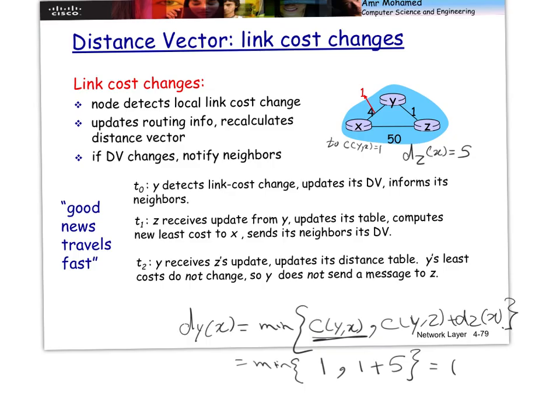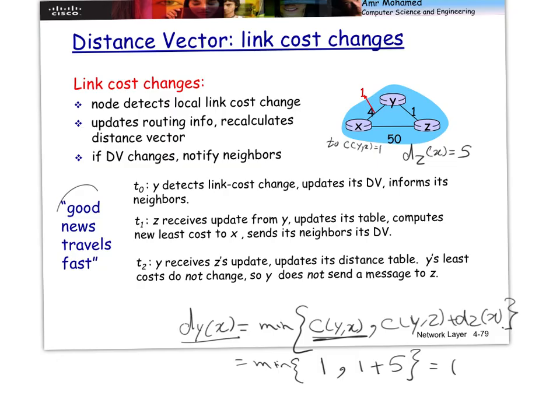So then Y has to report this new distance to Z. So Z will have to calculate its distance to X. And Z will realize that it will also have to go to Y. But now, because the distance from Y to X is 1, its new distance to X is now 2. So in 2 iterations, we have reached convergence.